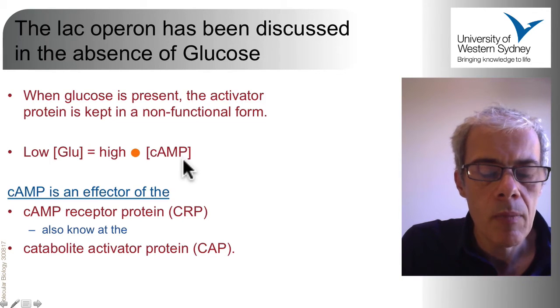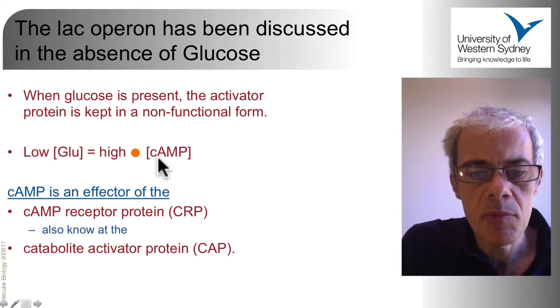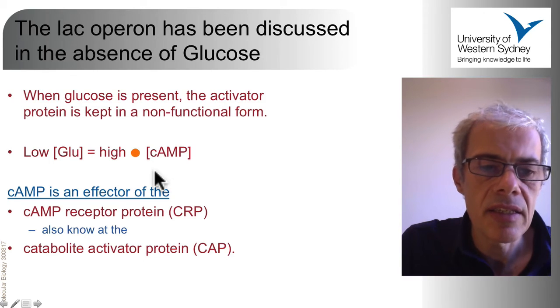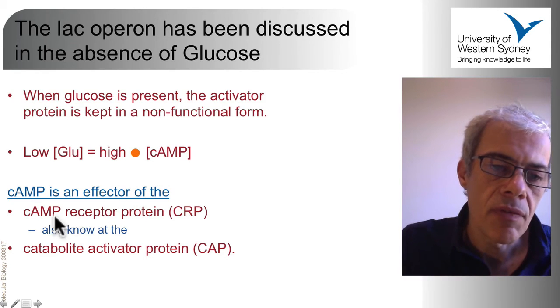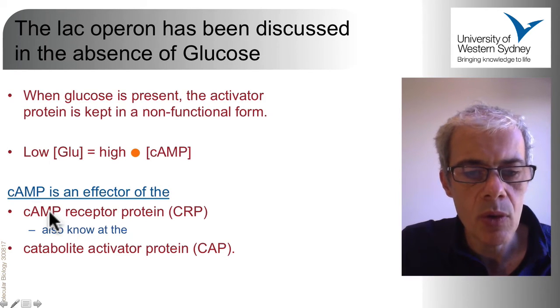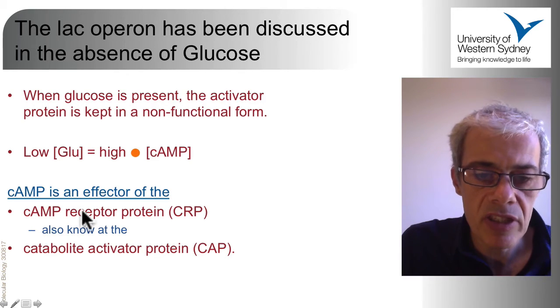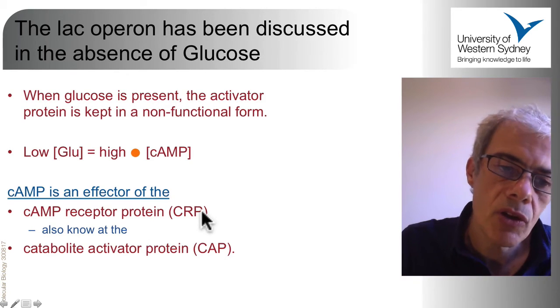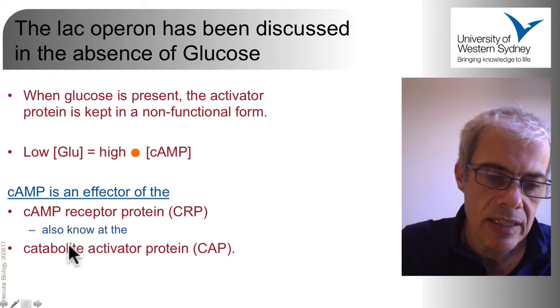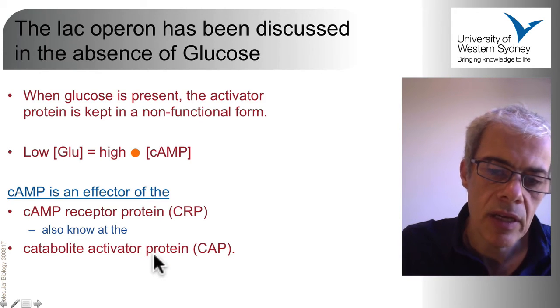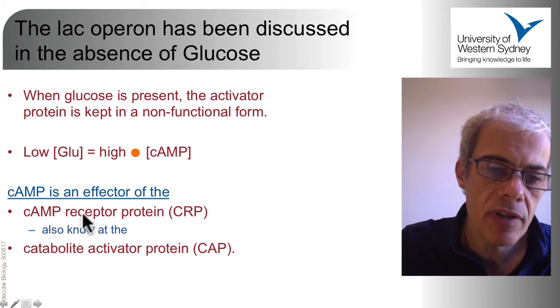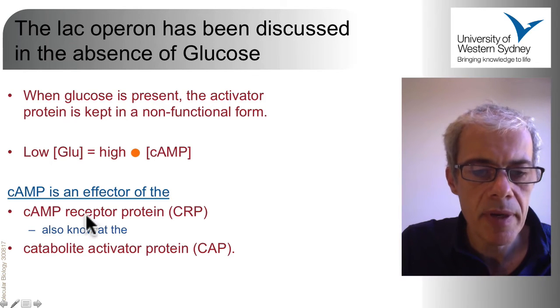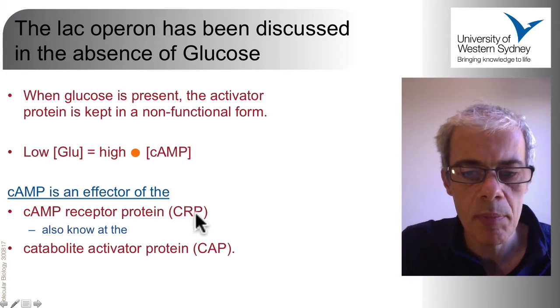Now, cyclic AMP is a small metabolite that is an effector for a protein called the cyclic AMP receptor protein, which is also referred to as catabolite activator protein. The textbook mainly refers to it as cyclic AMP receptor protein, so CRP.